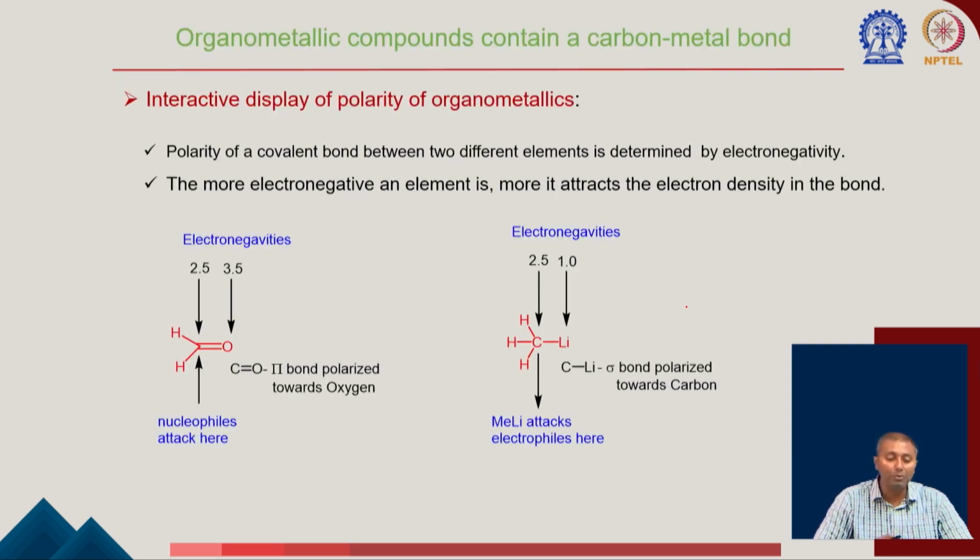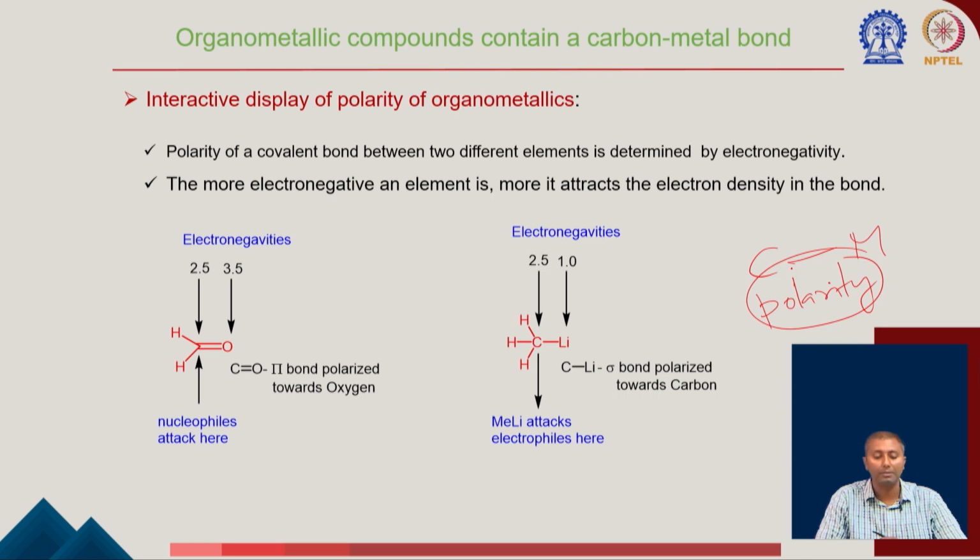Then I am going to try to give you a brief idea about the differences between these types of organometallic compounds. If you think about a carbon with a metal, let's try to understand from the point of view of a covalent bond. If we are forming a covalent bond, then the polarity of the covalent bond is another important factor we have to consider, correct?